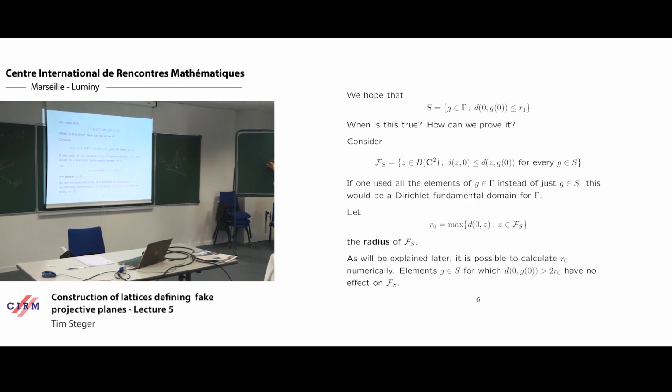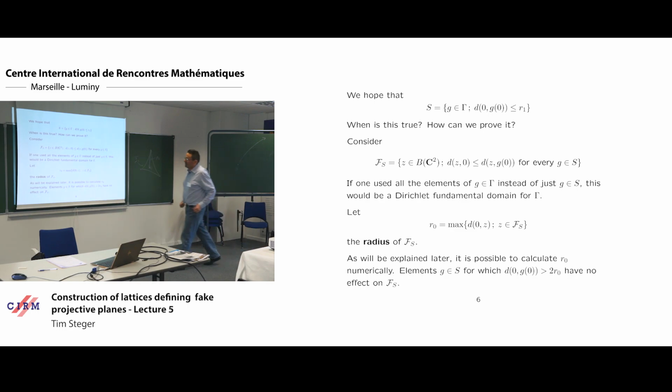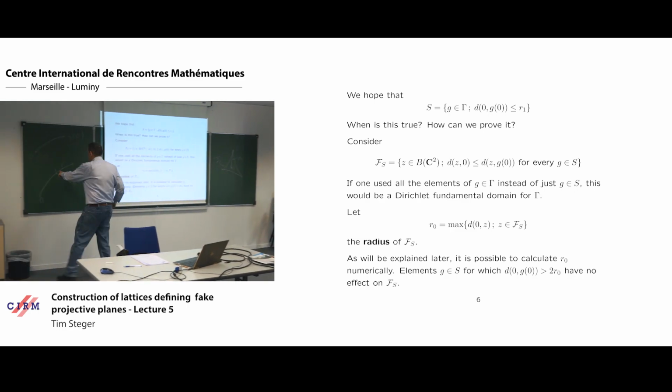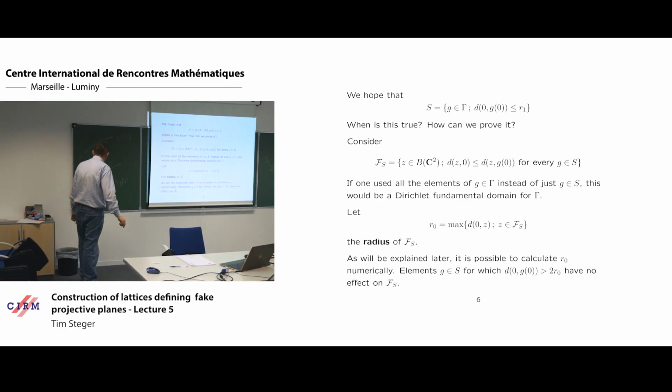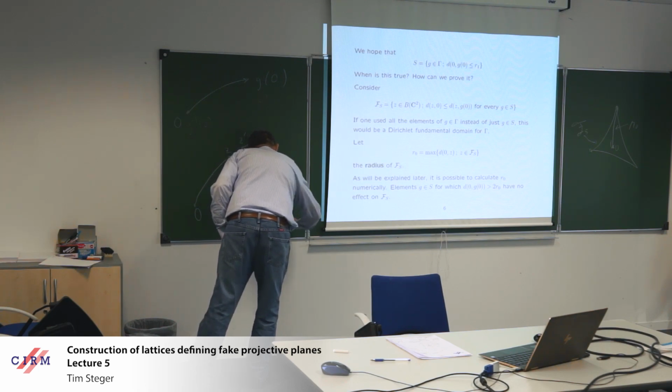supposing we want to look at the elements in Fs which lie along a certain geodesic. Now, according to this picture here, I find that if the distance from z to g of 0 is less than the distance from z to 0, then the distance from z prime to g of 0 is less than the distance from z prime to 0. And why is that?